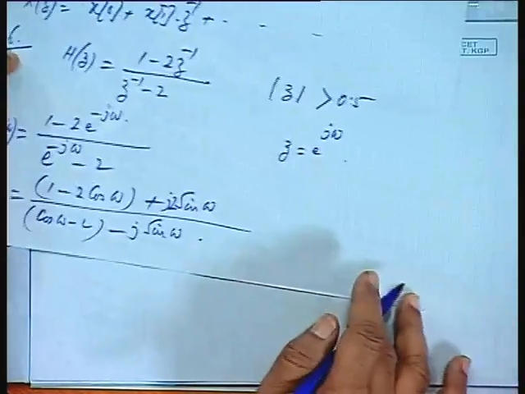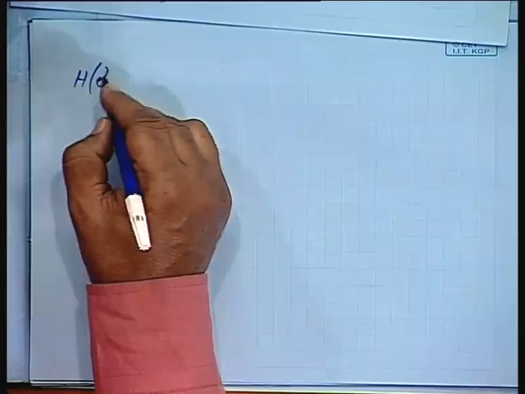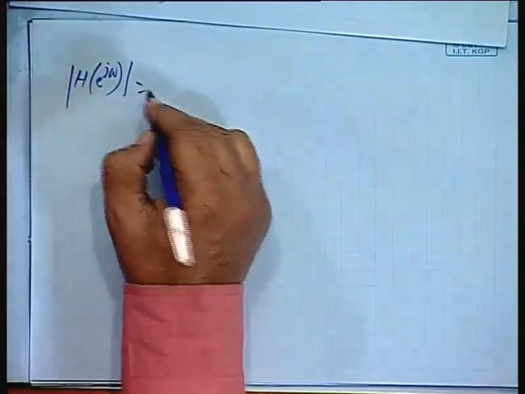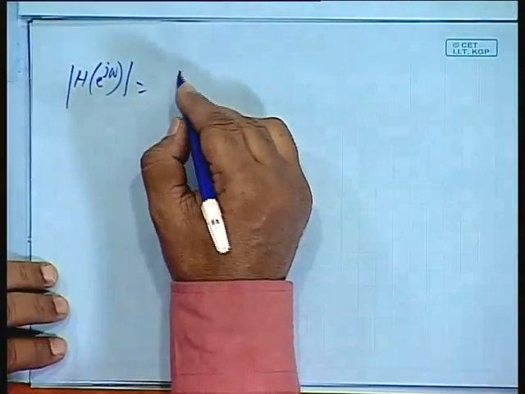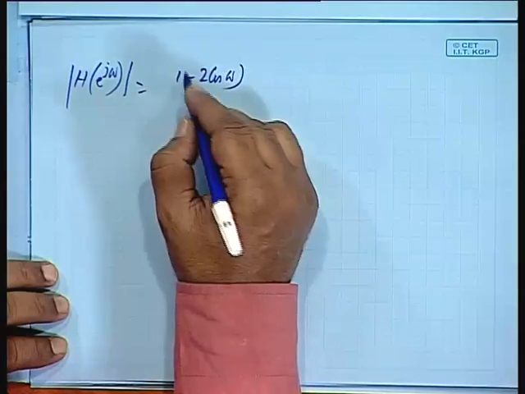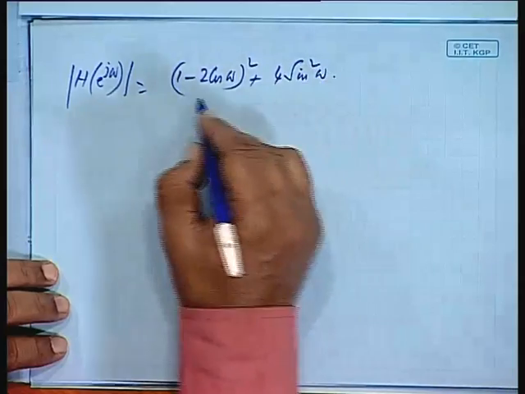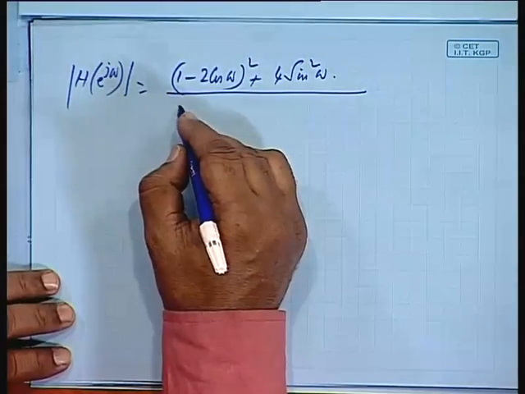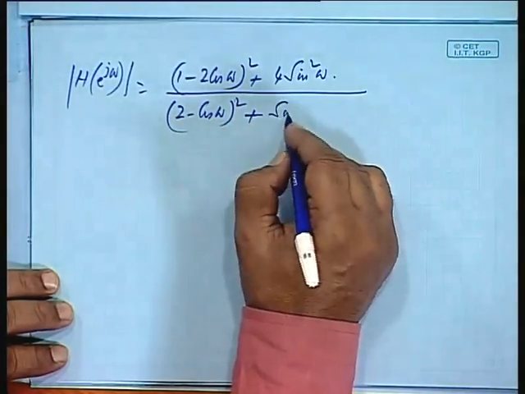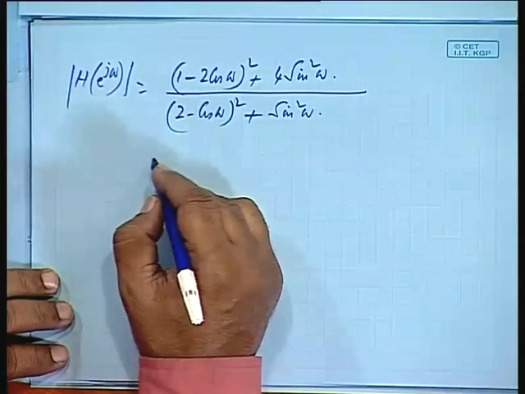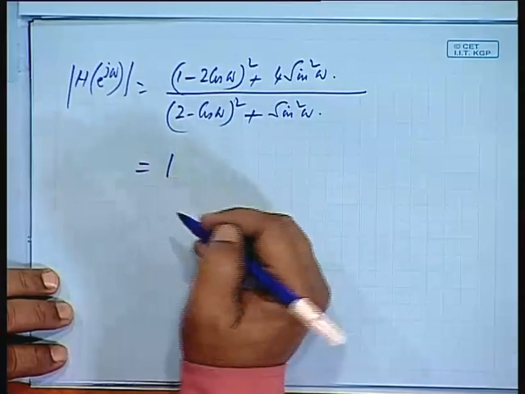If I take the magnitude, it will be square root of (1 minus 2 cosine omega) whole square plus 4 sin squared omega divided by (2 minus cosine omega) whole square plus sin square omega, which gives me a very interesting result, 1.